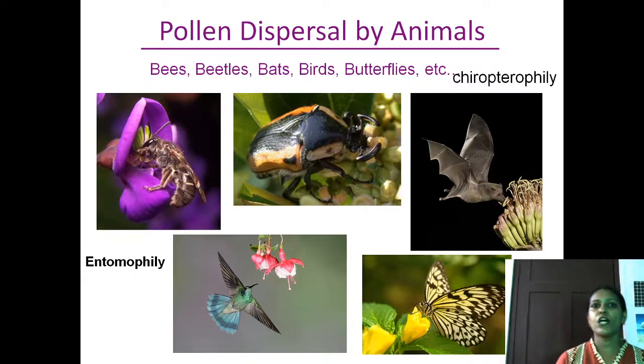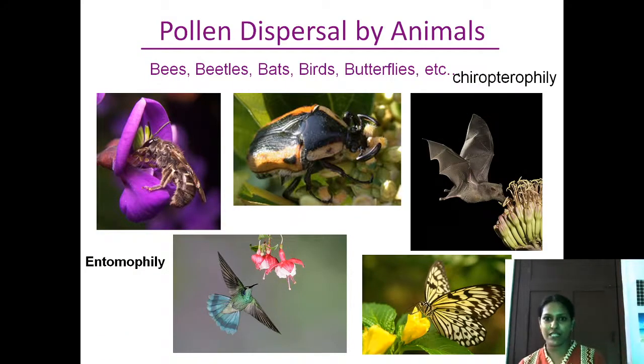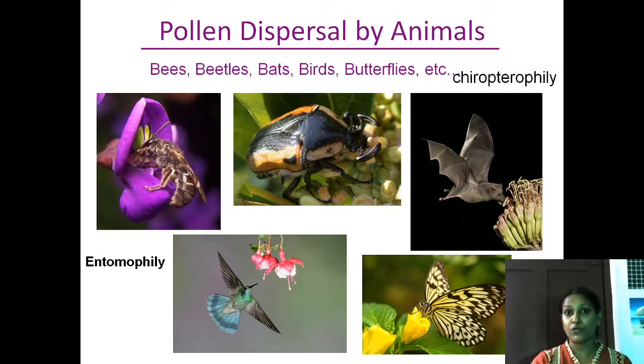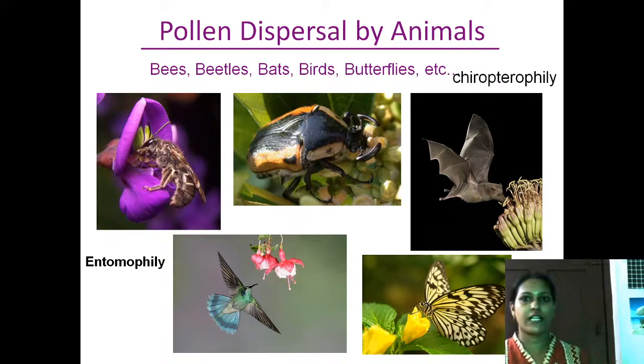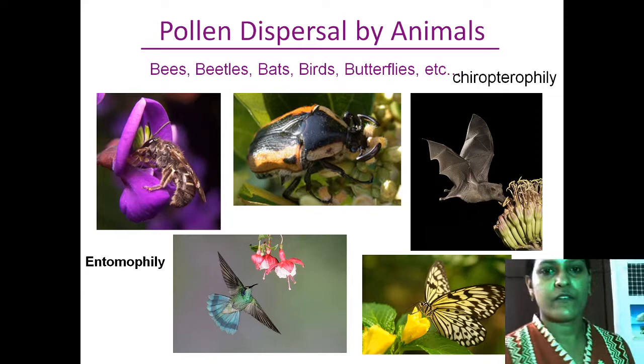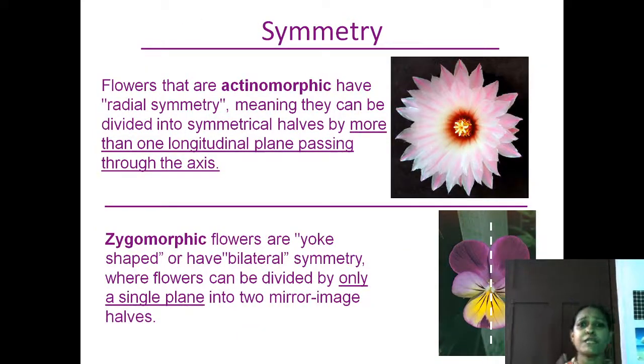Now next is pollen dispersal by animals, through bats, through insects, through birds. All these ways, and also through wind: anemophily, entomophily, ornithophily. Everything you know regarding dispersal by animals. Okay, fine. Now we'll move to symmetry.